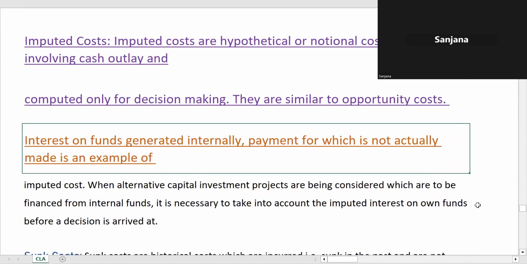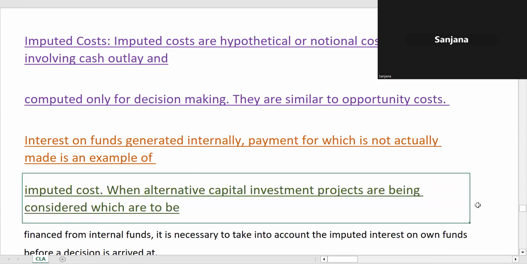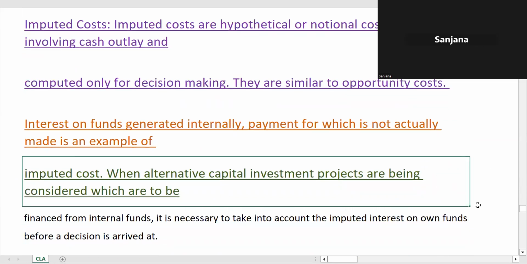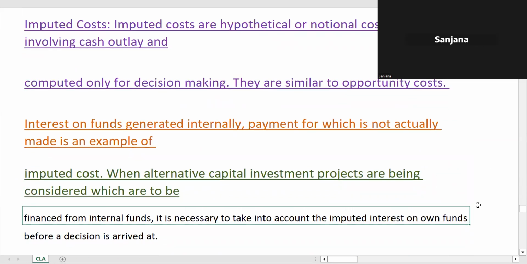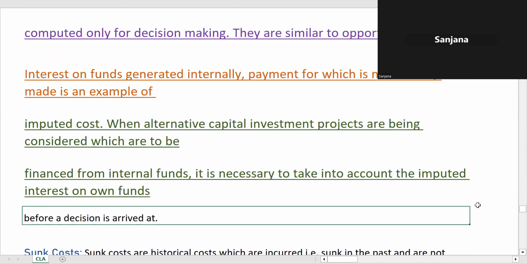Interest on funds internally generated, payment for which is not made, is an imputed cost. When alternative capital investment projects are being considered, which will be financed from internal funds, it is necessary to take into account imputed interest on own funds.